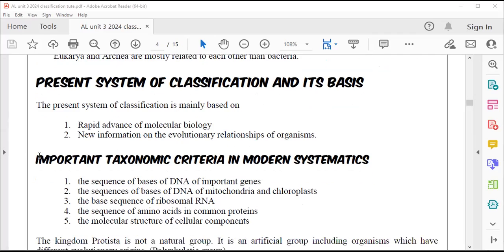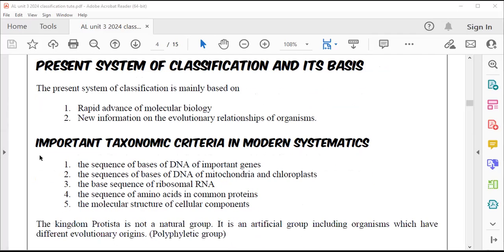Second, it is the criteria. Criteria mean what are the bases we consider? What are the informations we consider to do this modern classification, Carl Woese classification, you can say.